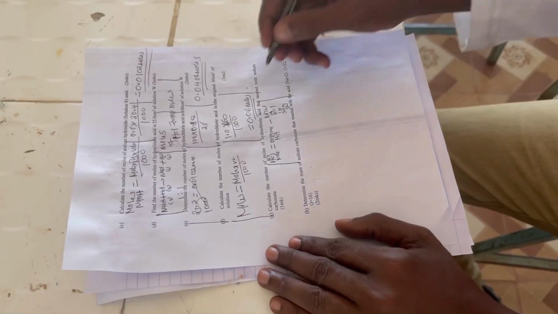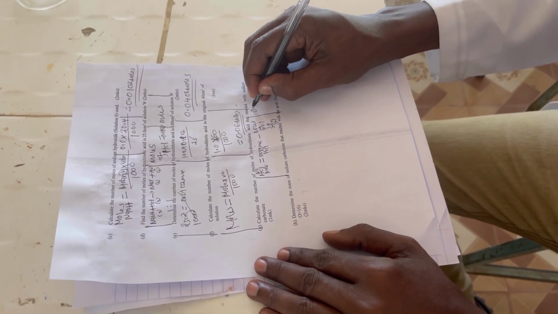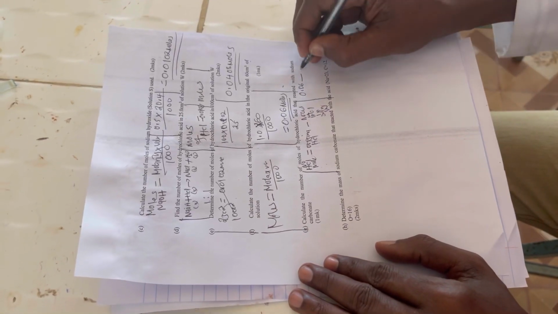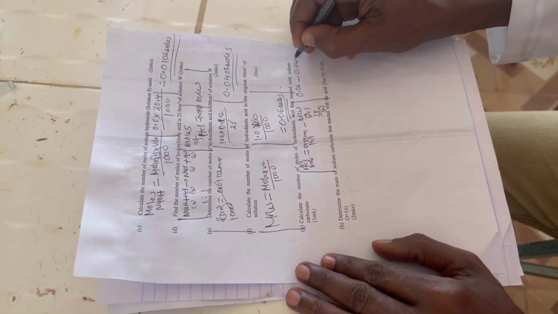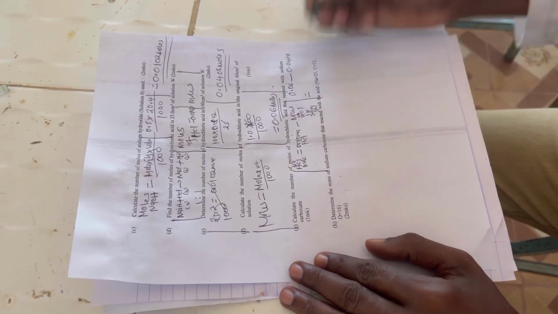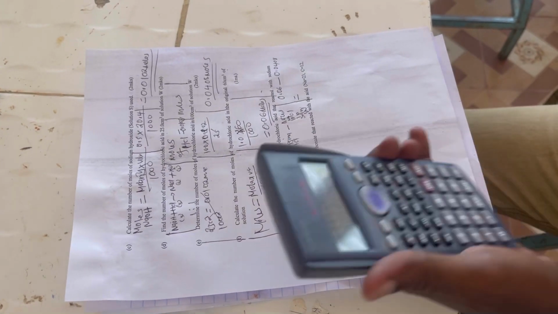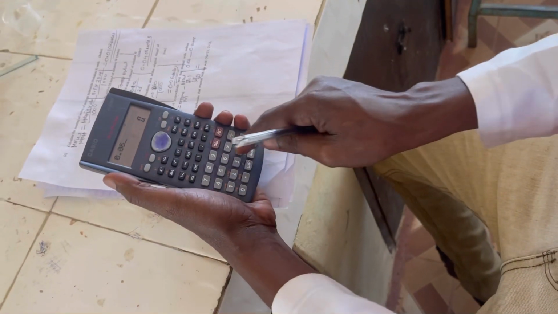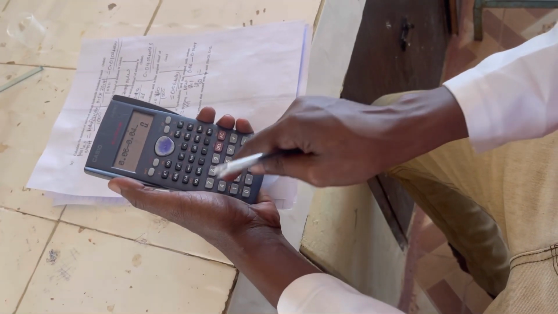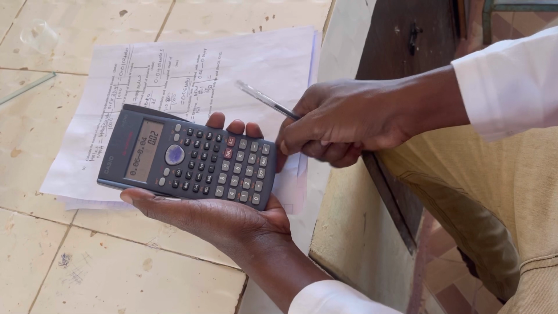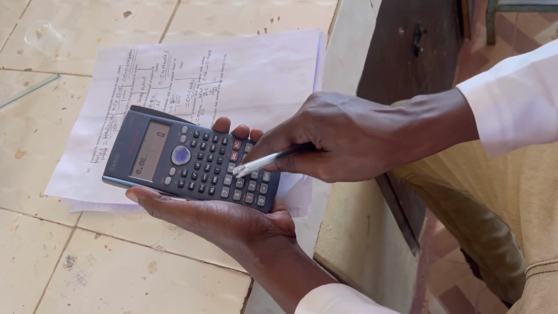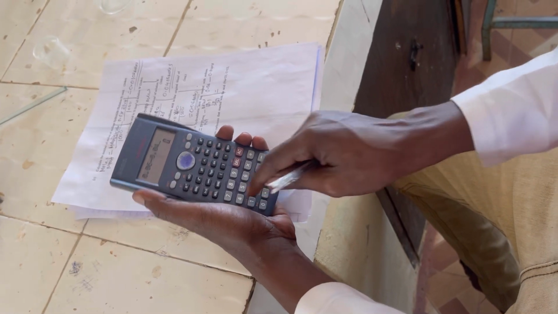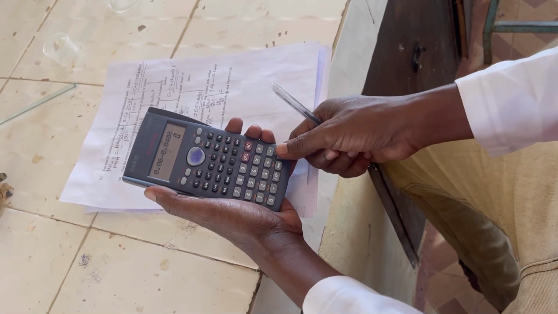So that means it will be 0.06, the original moles of the hydrochloric acid, minus 0.0408. So that is it.